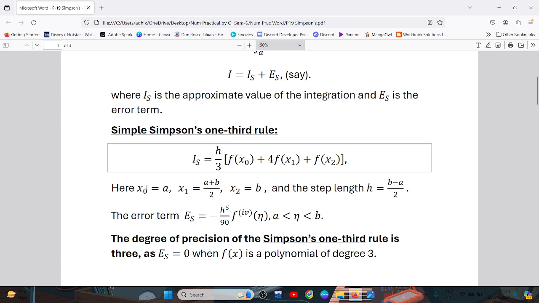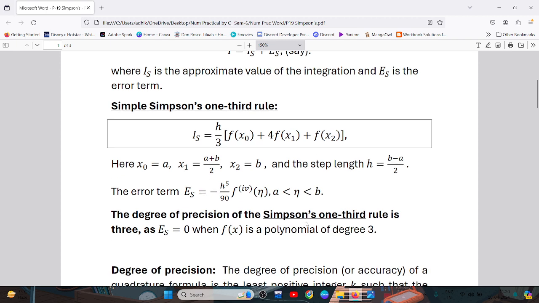Here x0 is the lower limit a, x2 is the upper limit b, and x1 is the midpoint (a + b)/2, and step length h = (b - a)/2. The error term Es = -h^5/90 times the fourth derivative of f at the point eta, where a < eta < b.